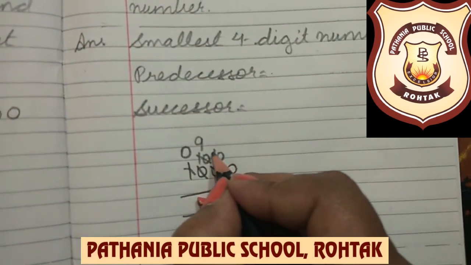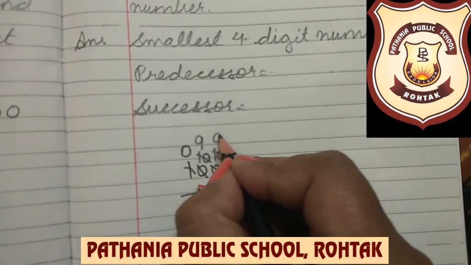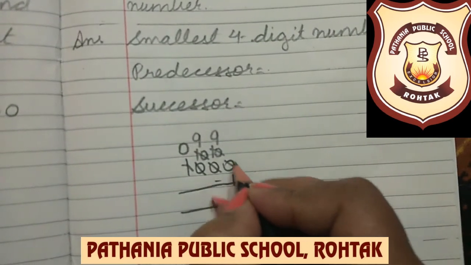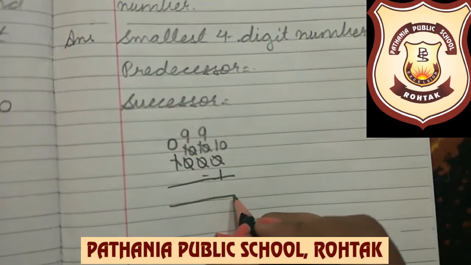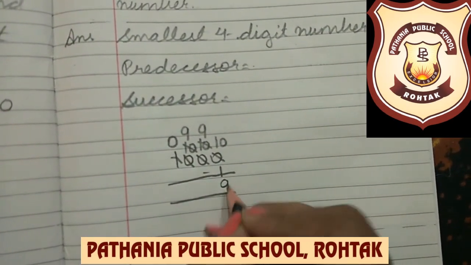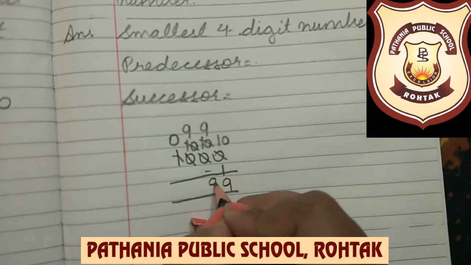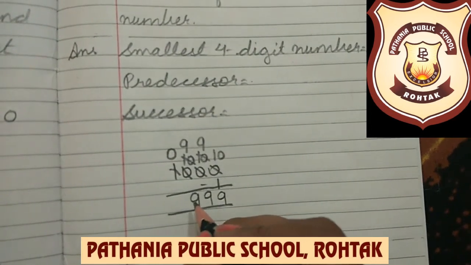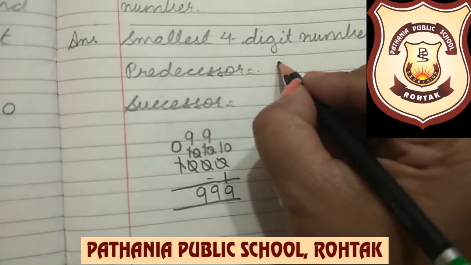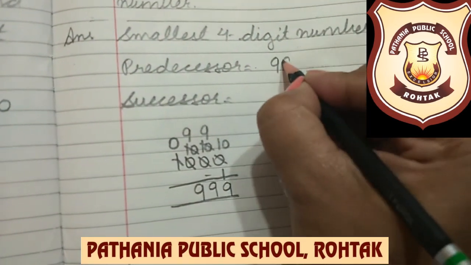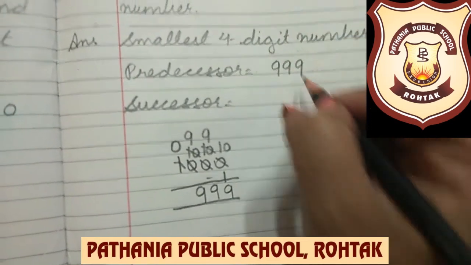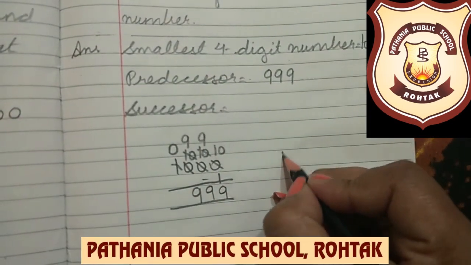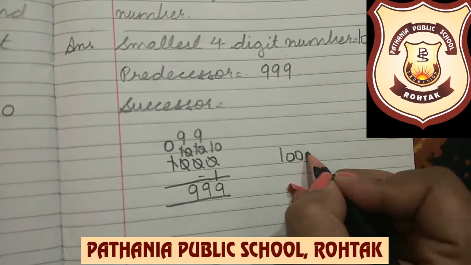Now, this 10 also will give borrow to the 0. So this will become 9 and this will become 10. So 10 minus 1 is 9. This 9 comes the same. This 9 comes the same. So the predecessor of the smallest four-digit number is 999.